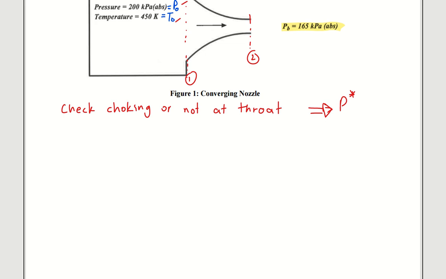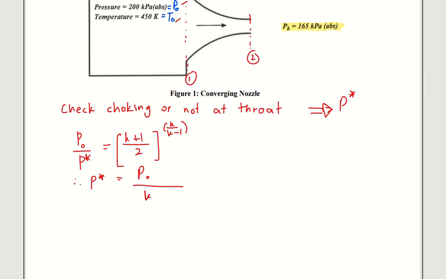The equation is P naught over P star equals K plus 1 divided by 2, to the power of K divided by K minus 1. So you rearrange the equation, and therefore P star is P naught divided by K plus 1 divided by 2, to the power of K divided by K minus 1.